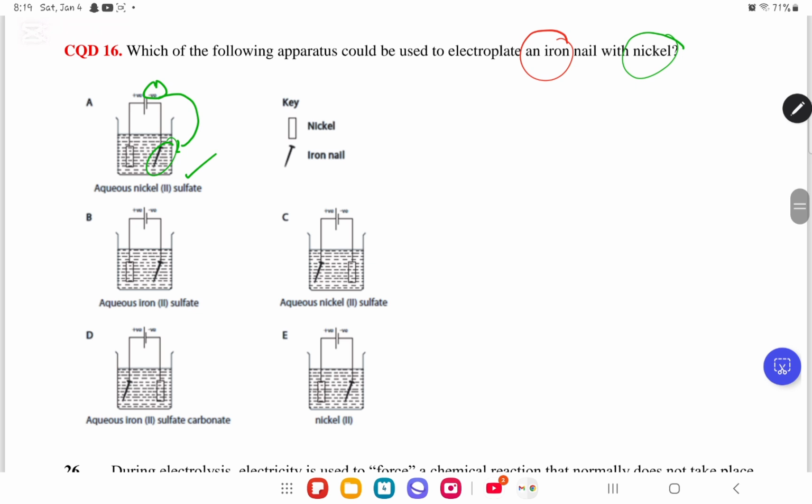And then the positive side is going to be the metal to plate with, which is correct. But that's not our only condition. We also have to check the electrolyte solution. In this case, it's aqueous nickel sulfate, which is correct because the solution has to be made of the metal that we are plating with, in this case nickel. So part A works. If you check the rest, they are all incorrect. So our only correct answer is A.